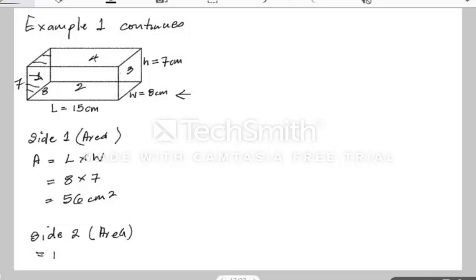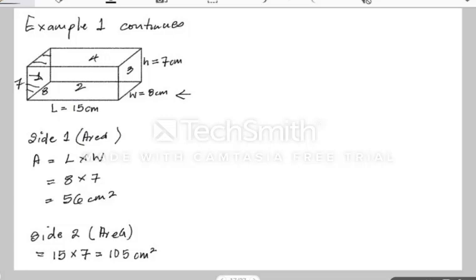So it is 15 times 7. We're not looking at the entire shape, we're looking at it one surface at a time. So we have 15 times 7 is 105 centimeters squared. Please remember that sides 2 and 4 are identical.